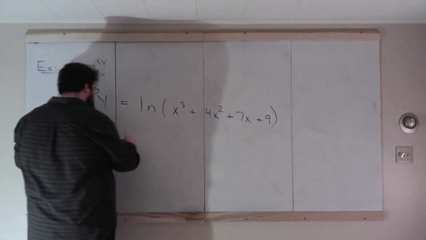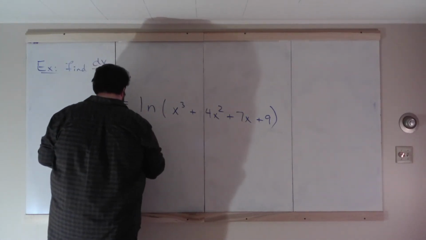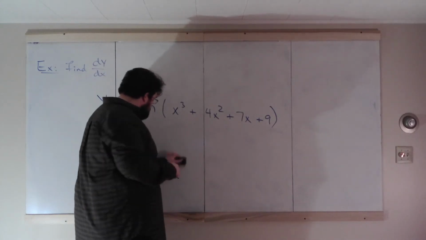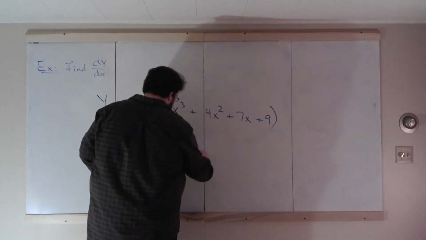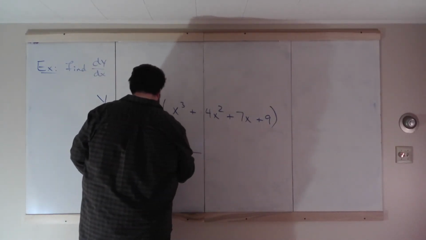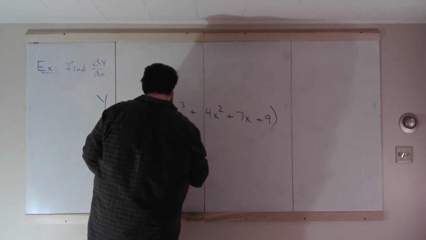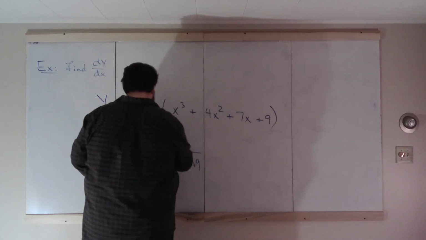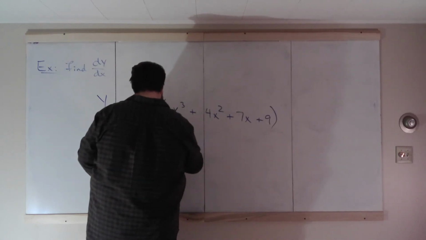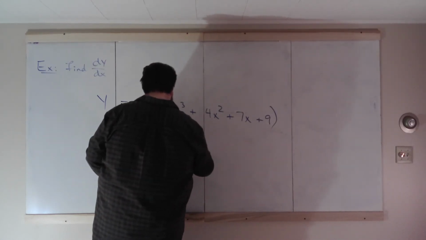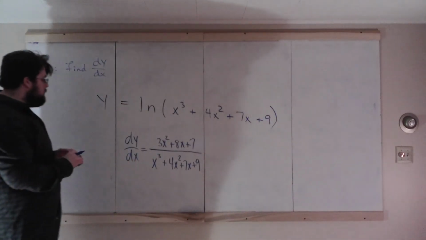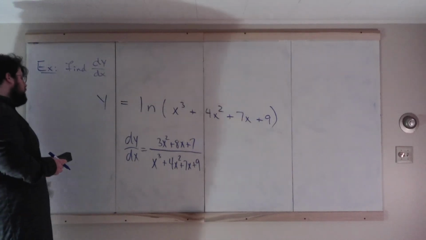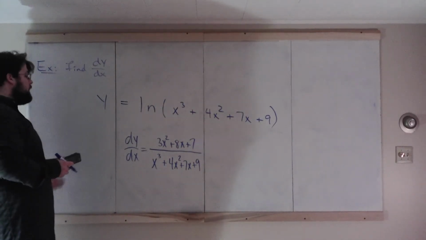I'm going to tell you, unless you want to work on it yourself while paused. That's 3x squared plus 8x plus 7 over x cubed plus 4x squared plus 7x plus 9.